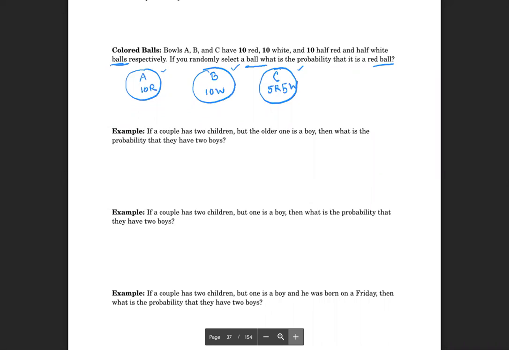Let's say R is the event that the ball you select is red.